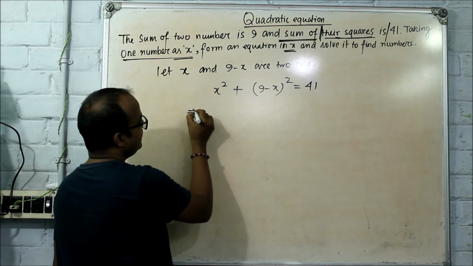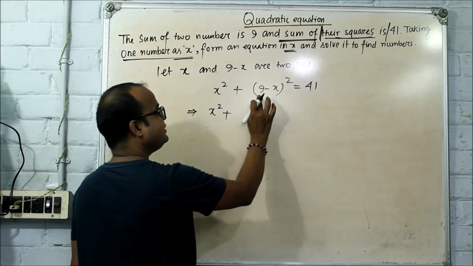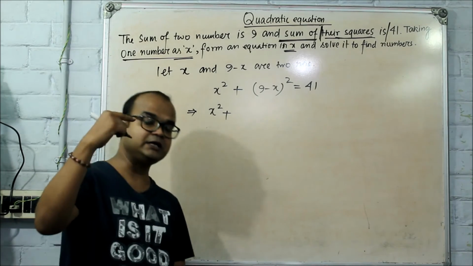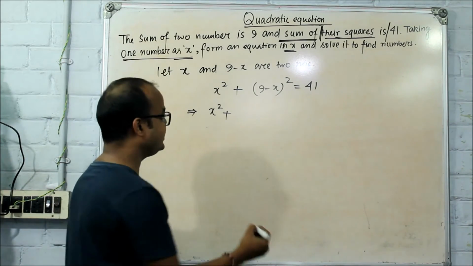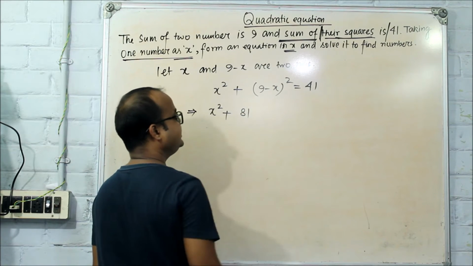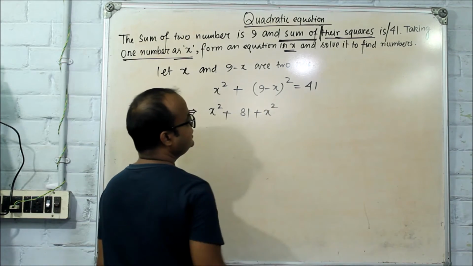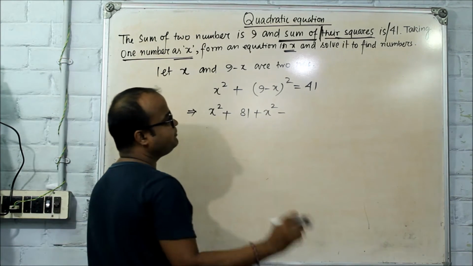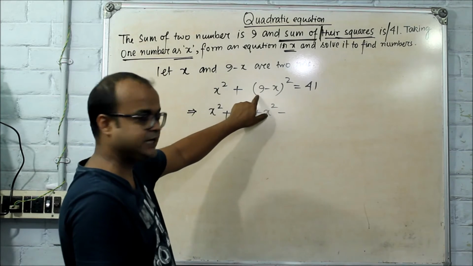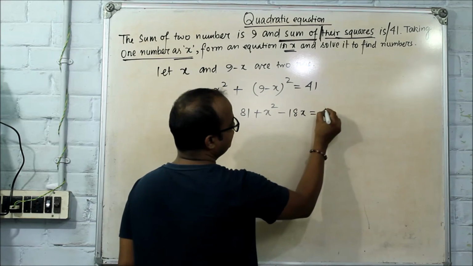So, x square plus, here we can apply the formula of a minus b whole square, that is a square minus 2ab plus b square. So a square means 9 square, 81, plus b square, that means plus x square, minus 2ab, that means 2 into 9 into x, 18x, is equal to 41.